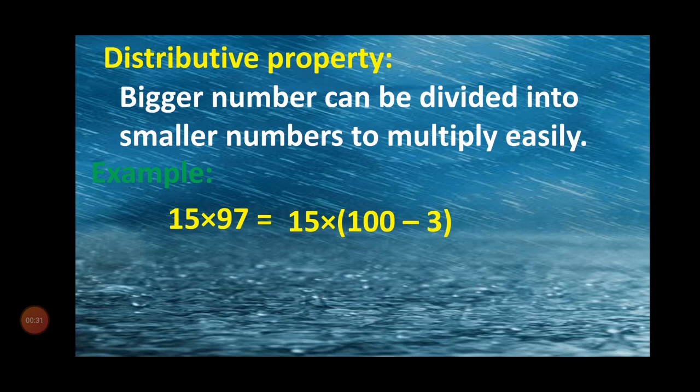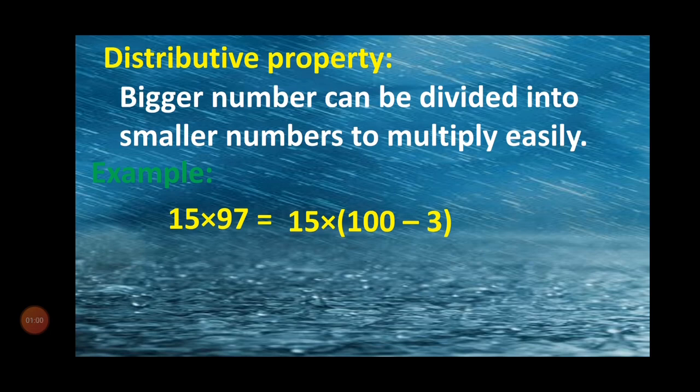How can we write 100 minus 3? 97 is near a rounding number, nearest to 100. If we subtract 3 from 100 we get 97. Am I right? So that we are writing here.